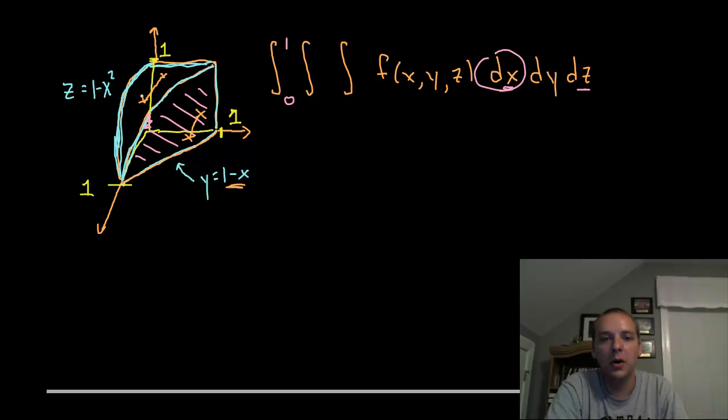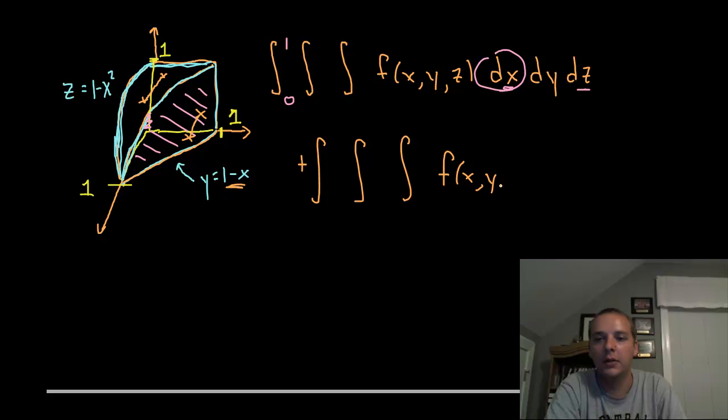So where we are in the YZ plane, moving out the x-axis would give you a different upper limit of integration. So this one's kind of a tricky one. We actually have to break this up into two integrals, and I'll explain why in a second. We'll have another triple integral of f of x comma y comma z dx dy dz. And the reason that there's two of these here is because there's a discrepancy in the innermost limit of integration as to what you're going to bump up against.